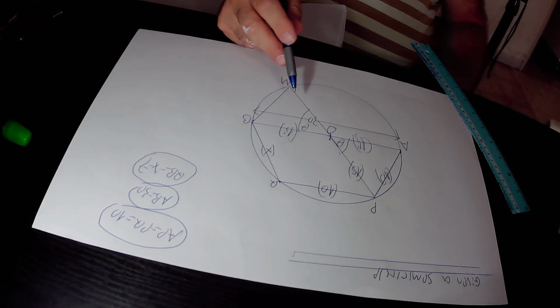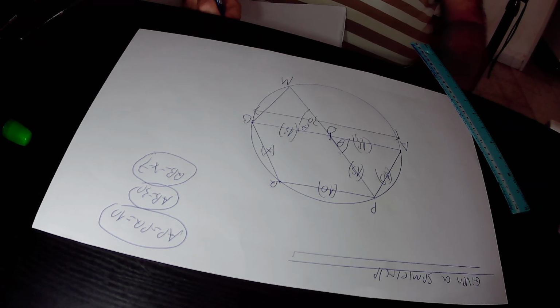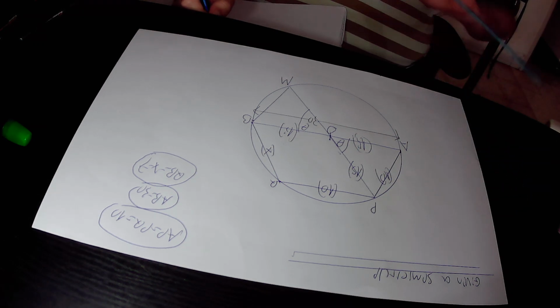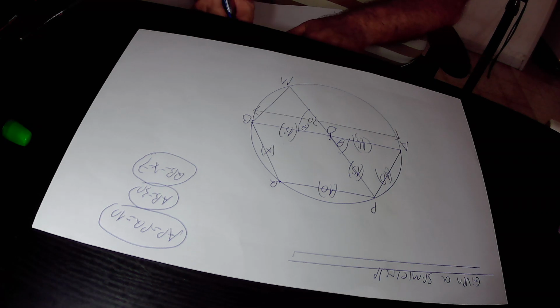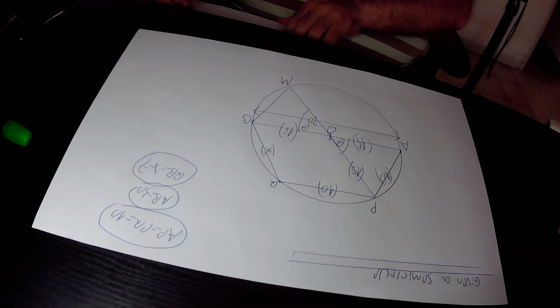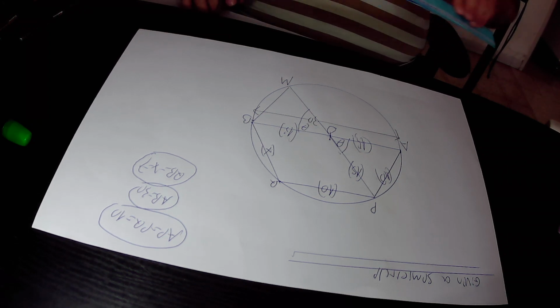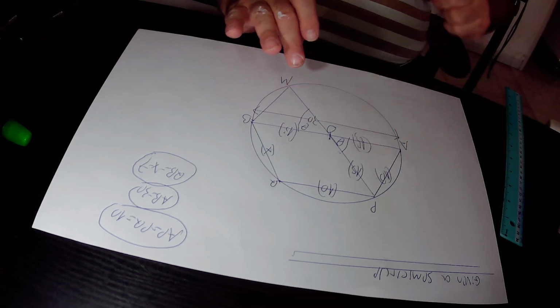This is going to this triangle OMB. So why can those two triangles go into each other?